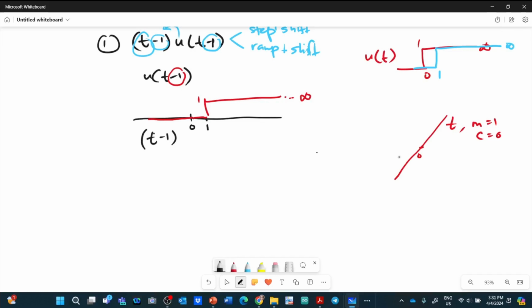So t minus 1 is 0, 1 here, minus 1. So t minus 1 adalah ramp asal pada 0 yang ni, tapi dia shifted by 1, right? So if shifted by 1, then it's going to be like this. Okay? So yang ini akan menjadi minus 1, yang ini akan jadi minus 2. So I'm going to shift that.